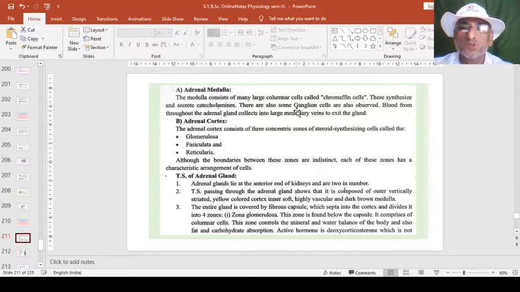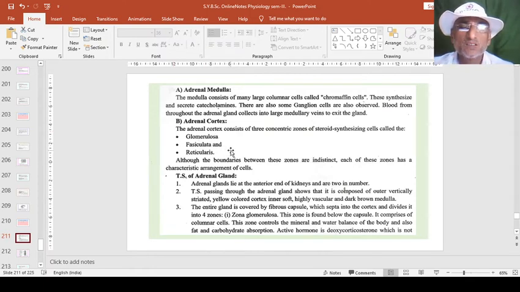There are also some ganglion cells which are also observed. Blood from throughout the adrenal gland collects into large medullary veins to exit the gland. And second part includes the adrenal cortex.